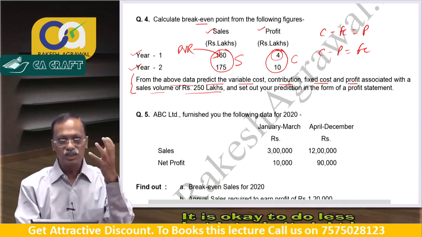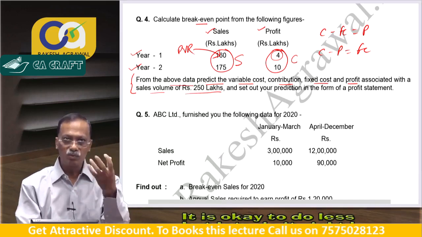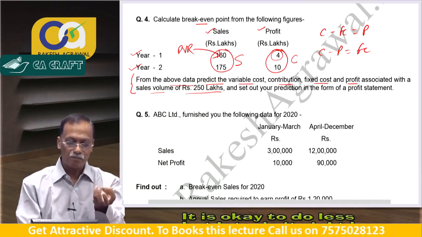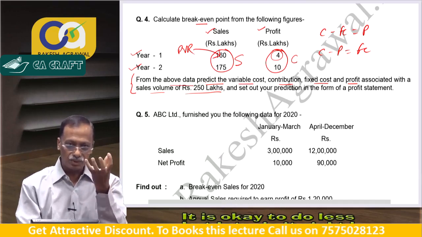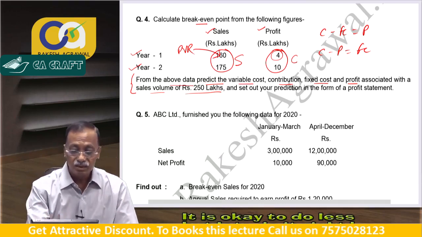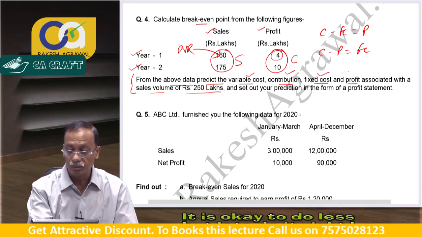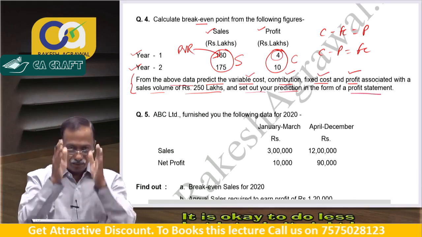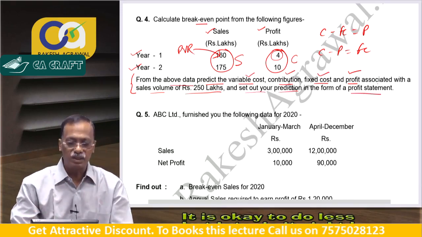Sales volume is sometimes used as a substitute for sale value by the institute. So if your sale value is rupees 250 lakhs, what will be the variable cost, contribution, fixed cost and profit? That is what they want. And set out your prediction in the form of a profit statement.